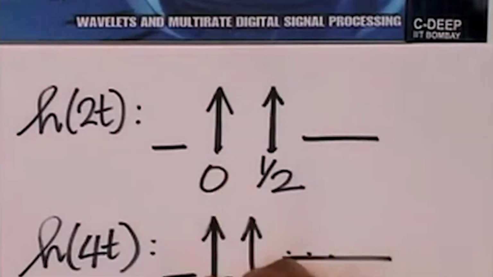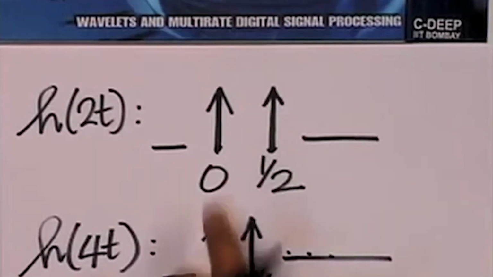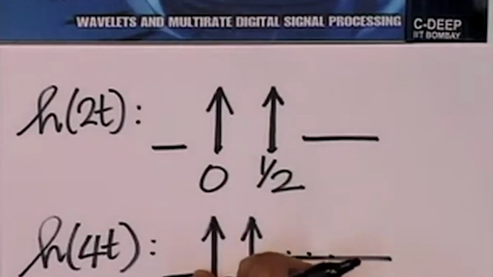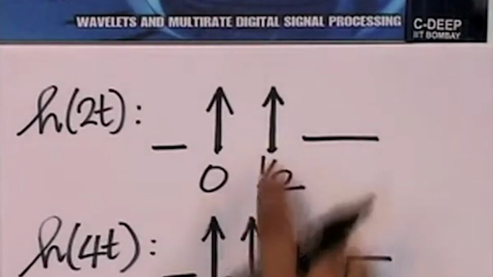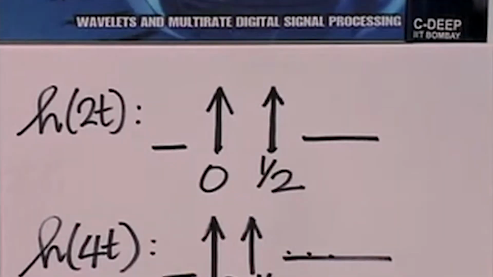When you convolve h of 4t with the impulse at 0, you simply relocate it at the position 0, and that gives you back h of 4t. When you convolve h of 4t with the impulse located at half, it simply shifts this function to lie at half. So, in effect, when you have h of 2t convolved with h of 4t, you get something like this.